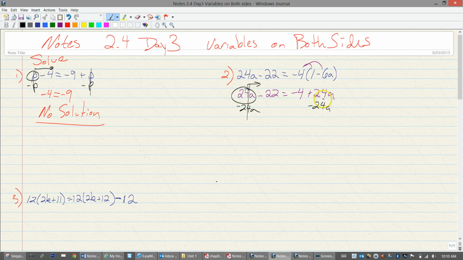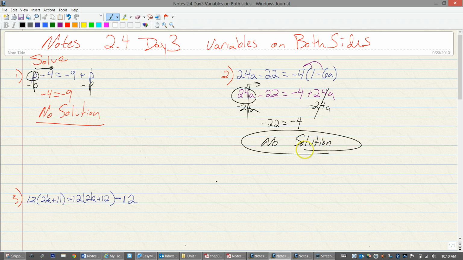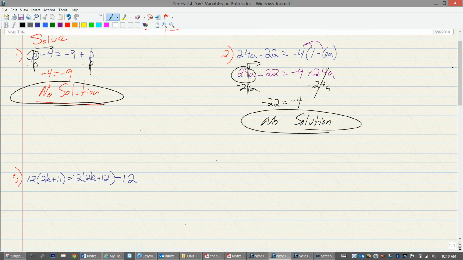That would be 0. So we drop that down. -22 equals -4, and that's 0. Do those match? No, since those don't match, or that's never true, we say no solution. Again, 2 problems and no solution. Okay, that's the first special case.